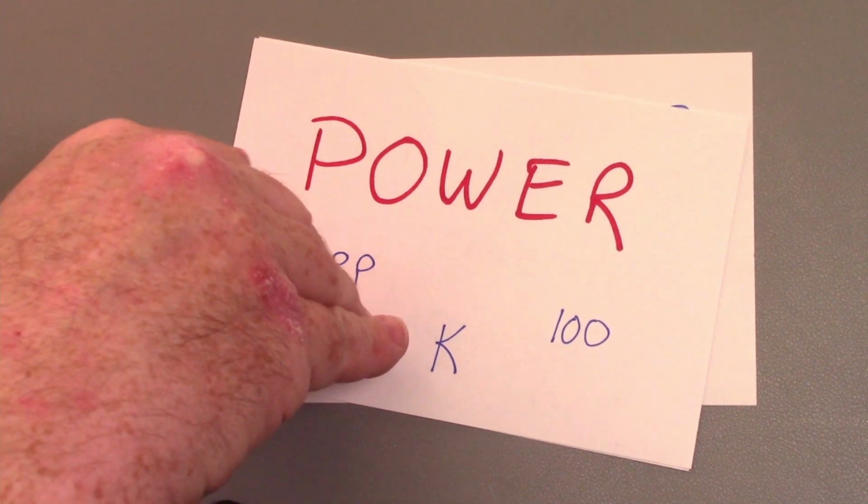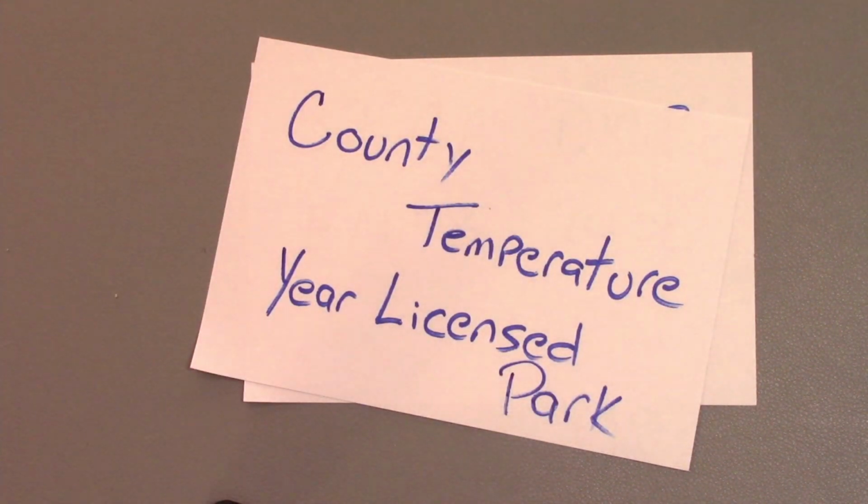Also, you want to think about other things that are generally used more in rag chew, but sometimes you'll hear them in different things. Parks on the air: if you're calling CQ from a park, you'll need to know what park you're calling from. To work them, you don't need to know which park they're in. They'll tell you. The year licensed, I've heard in a couple of exchanges, especially in some new ham contests.